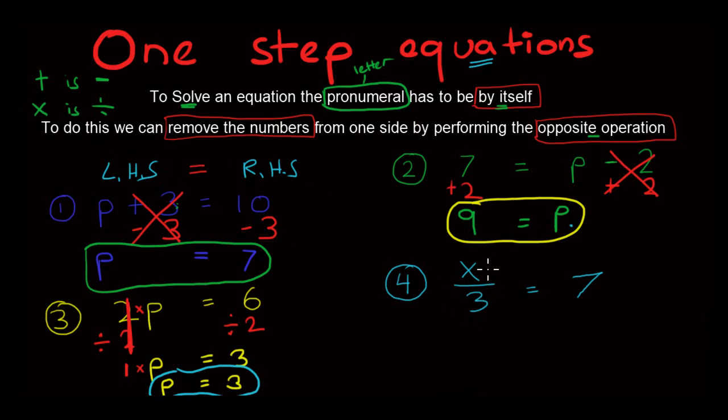So we'll times both sides by the number, which is 3. So times that by 3, and that by 3. Now 3 over 3, or 3 divided by 3, what does that equal? That would equal 1. So we can cancel that out, because 1 times x is the same as x. So we have left x on the left-hand side, and 7 times 3, which is 21, on the right-hand side. That's how you solve one-step equations.